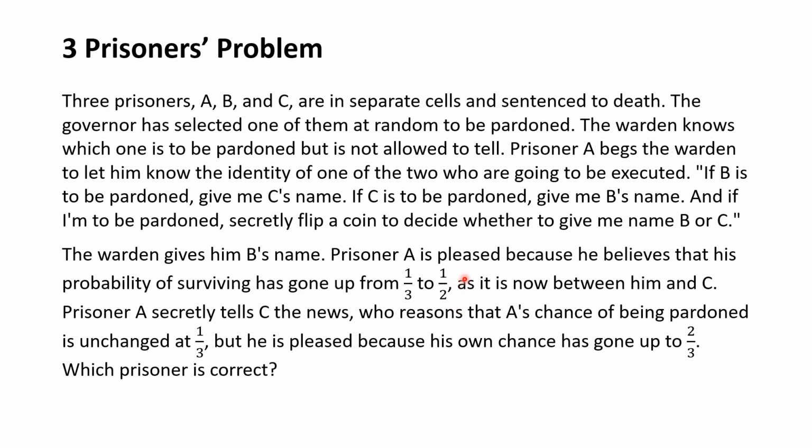And A secretly tells C the news, and C, who reasons differently, tells A that, well, your chance of getting pardoned is still just 1/3. Nothing has changed for you, but in my case, my probability of getting pardoned is now 2/3. So the puzzle is, who's correct? Is it A or C in terms of their analysis of the situation?